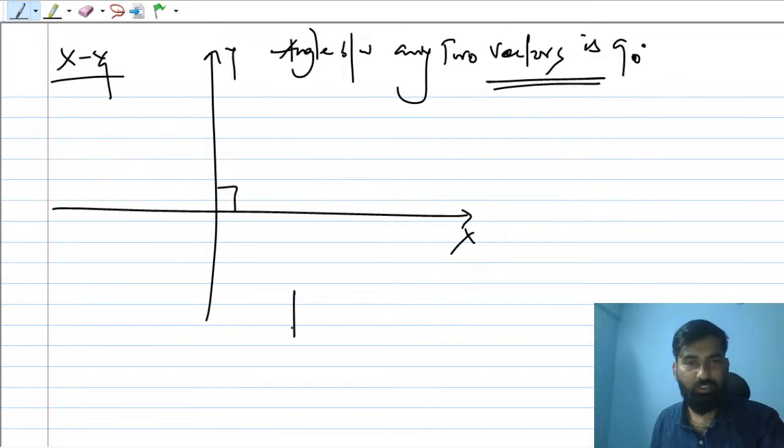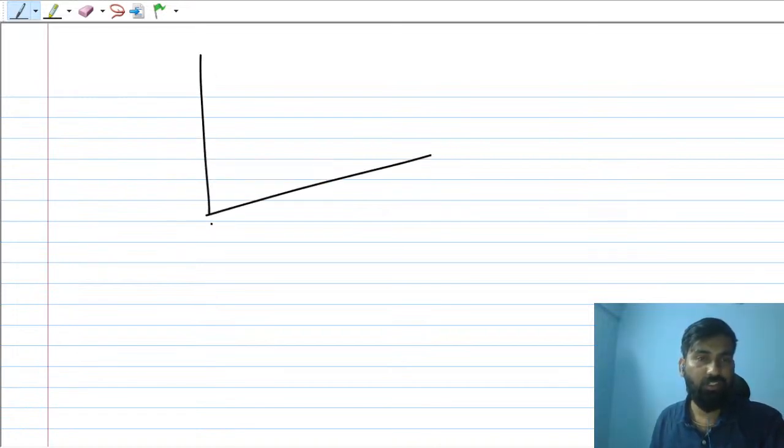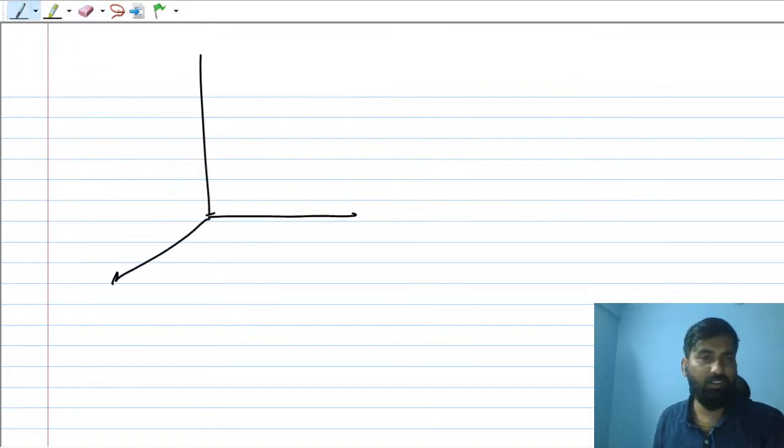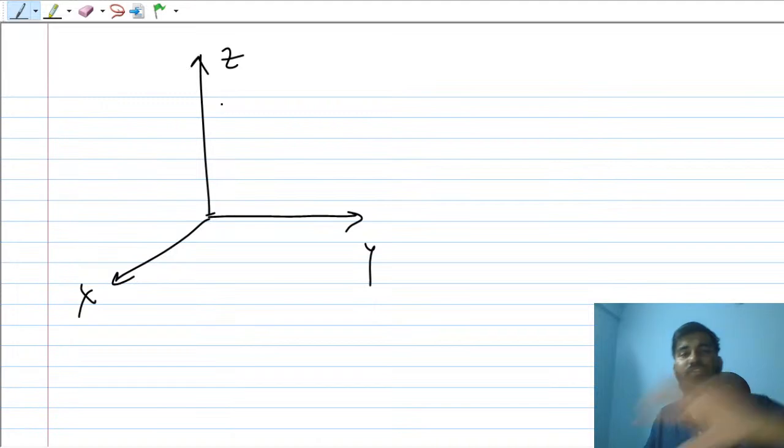You can take any two vectors, a vector and the v vector. What is the angle here? 90 degrees. Or you can also go for the Cartesian coordinate system, the rectangular domain in 3D. Suppose this is x, this is y and this is z. They always follow the right hand rule.